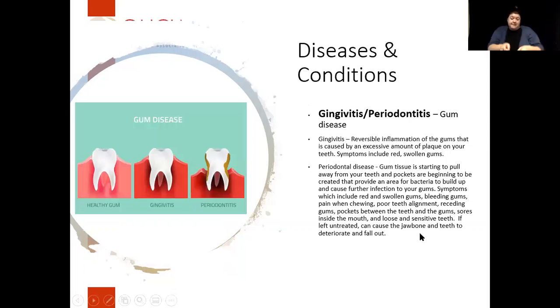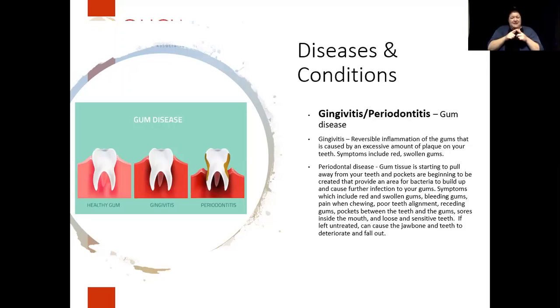The next one of the diseases and conditions would be gingivitis. Gingivitis is a gum disease that is an inflammation of the gums, again caused by an excessive amount of plaque on your teeth, and then your gums get really swollen and start to decay.